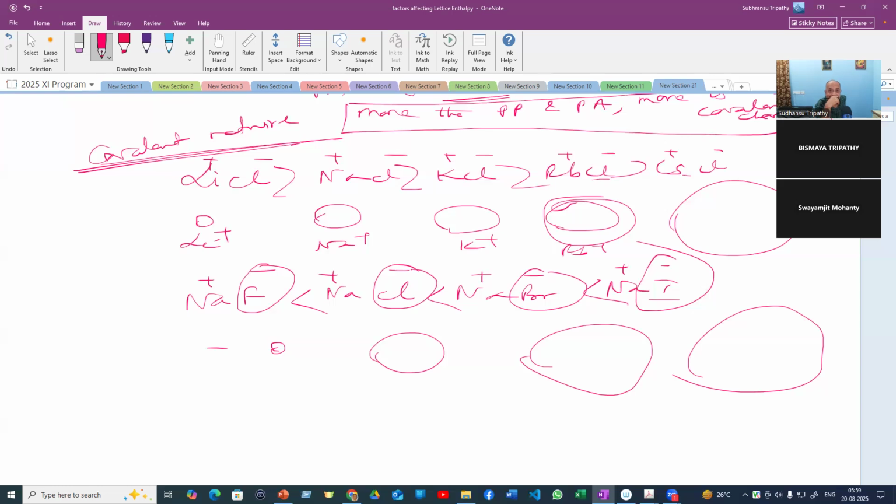Of course, this also matches with our slogan that the more the covalent character, the lower the melting point. So sodium iodide has more covalent character, lower melting point.